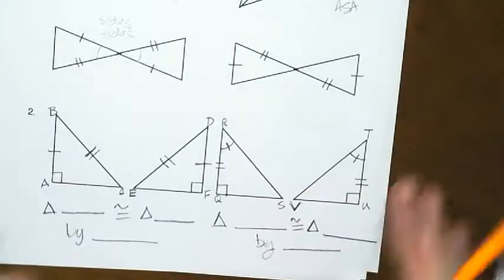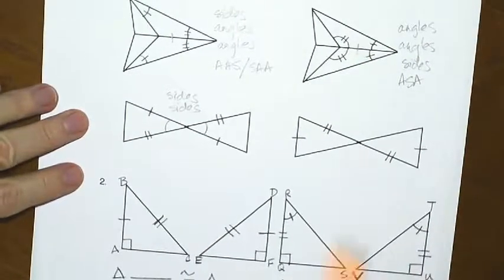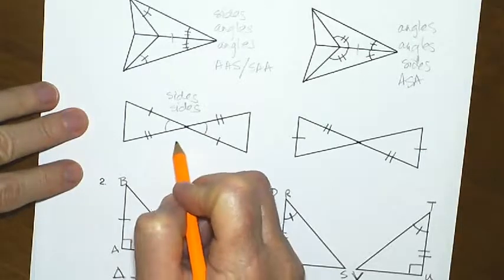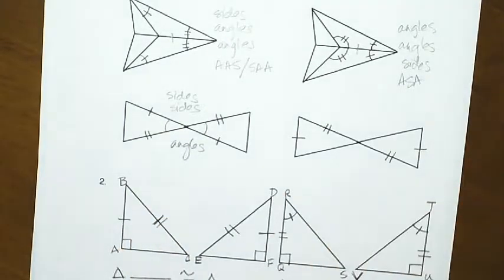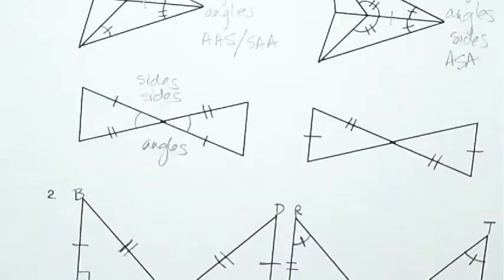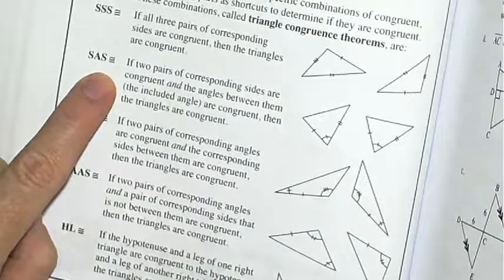That's a pair of congruent angles right there. So then we've got a pair of angles. Now, two sides and an angle only works if you have the angle in between the two sides.